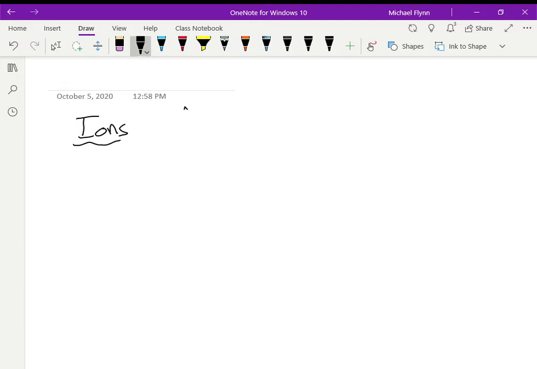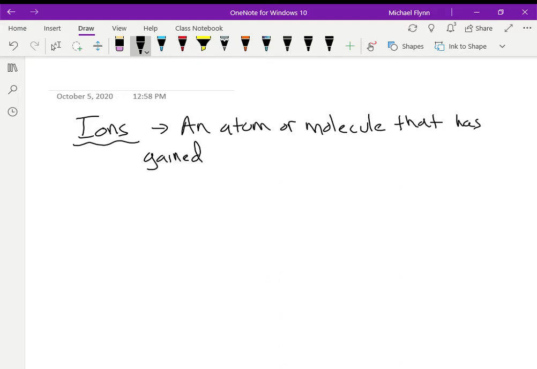Ions. Let's just talk about ions. What is an ion? Well, it is an atom or molecule that has gained electrons or lost electrons.